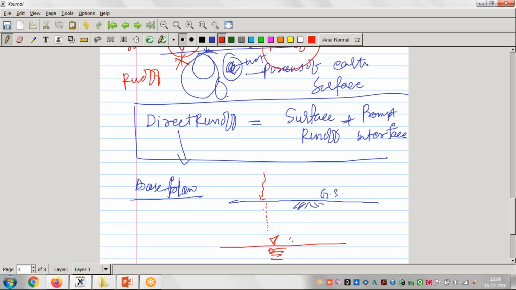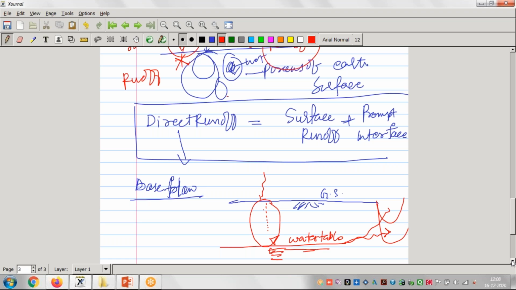This is the water table. Whatever water is coming meets the water table, and this water table meets the river. Suppose this is the river. So this water meets this river.